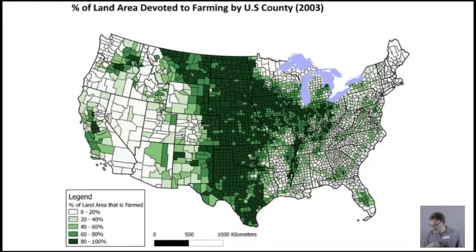If the percent of land area, as you can see in the legend in the lower left there, is between 80 and 100%, in other words, between 4/5 and 100%, and all of the, if it's somewhere between 4 out of 5 acres and all of the acres in the county is devoted to farmland, then it's colored that darkest shade of green.